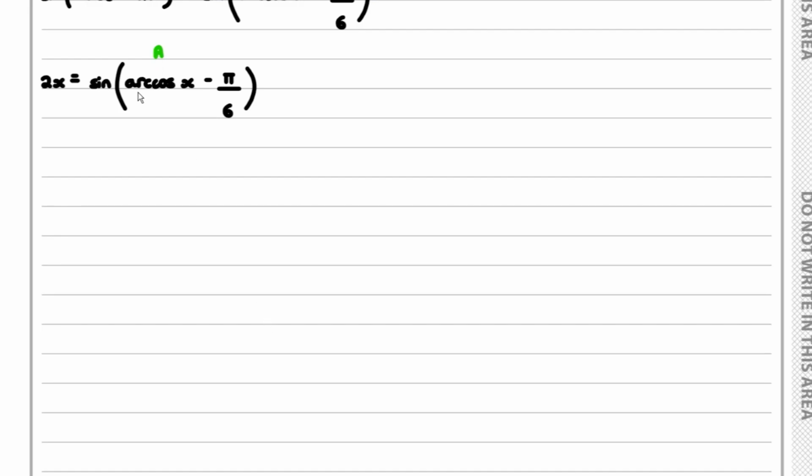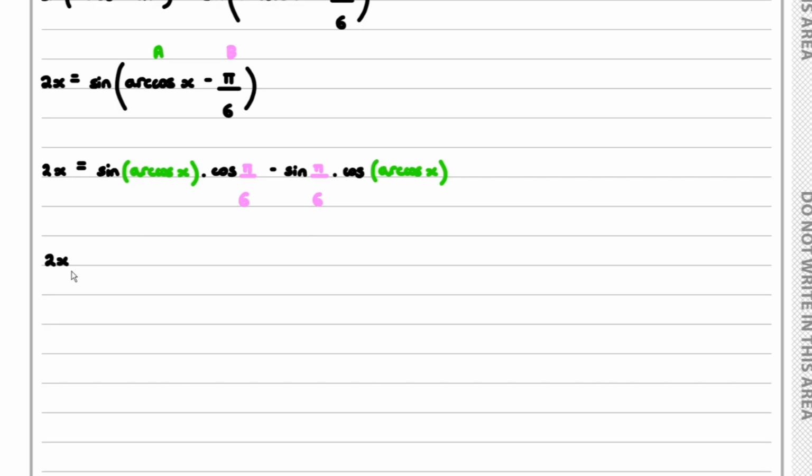So if I say that this arc cos of x is a and this pi over 6 is b, 2x will then equal sine of a, so we've got the sine of arc cos of x multiplied by cos of b, so that's cos of pi over 6, subtract sine b, so I've got sine of pi over 6 multiplied by cos a, so I've got cos of arc cos of x.